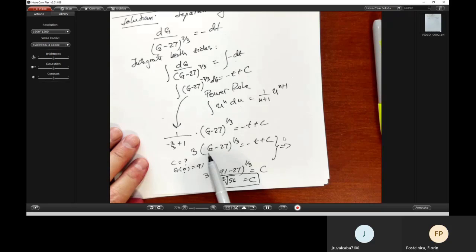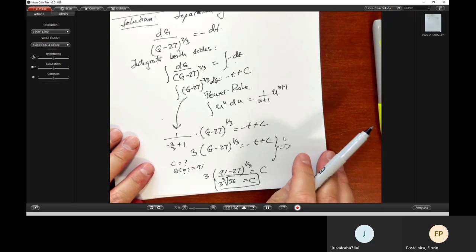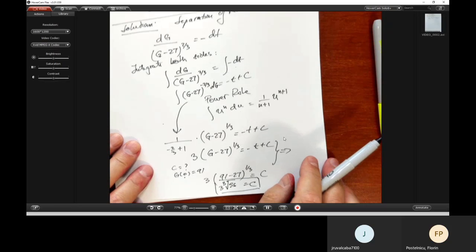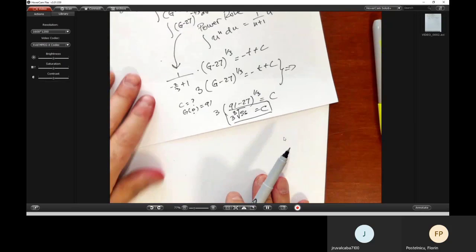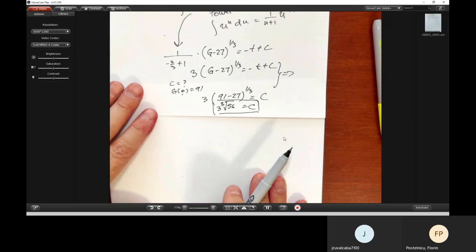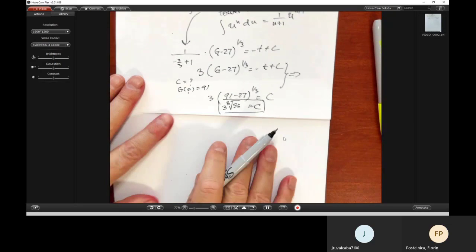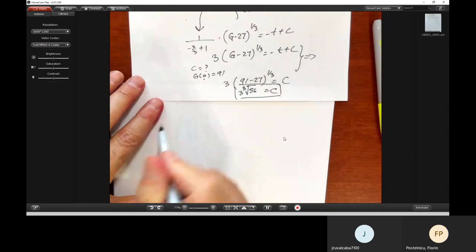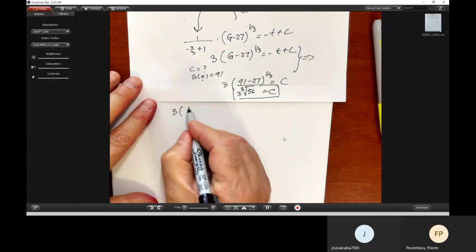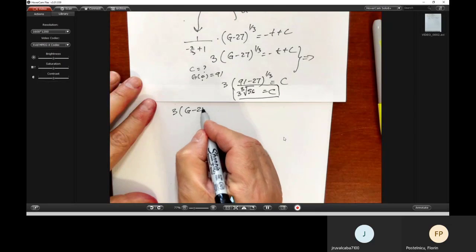So let's take this equation and let's write g of t, because that's what I was looking for. So 3 times (g minus 27) to the 1/3 should be negative t plus 3 times cubic root of 54. My bad, I put 56 right there.